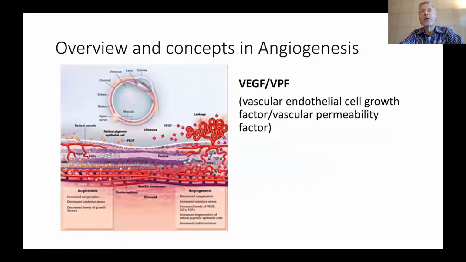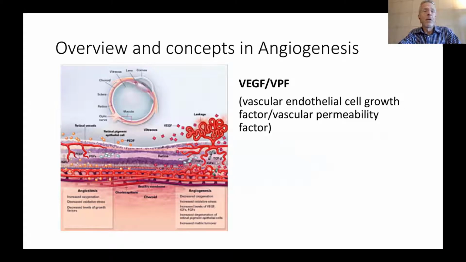They not only identified the factor, they also cloned it, meaning they determined the cDNA for this factor. Because they had purified it based on its ability to make endothelial cells proliferate, they called it vascular endothelial cell growth factor, and that's the name that has stuck with this molecule.